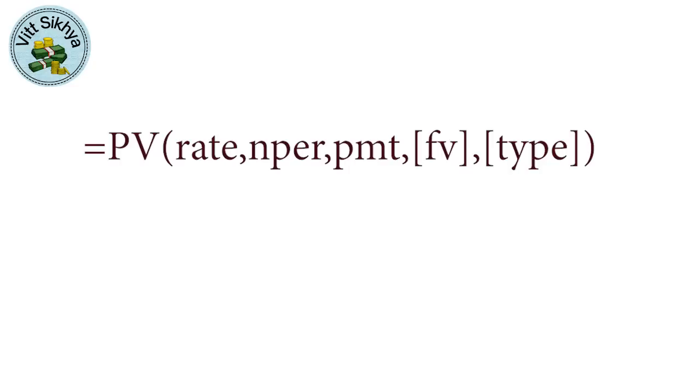NPER is the number of periods, total remaining payment periods. PMT is the coupon payment, negative because it is a cash inflow for the investor. FV is the face value of the bond, again negative because it's a cash inflow at maturity. Type is 0 for payments at the end of the period.